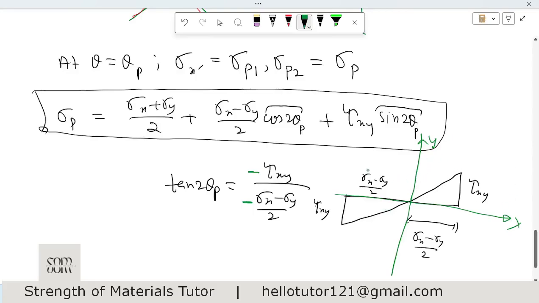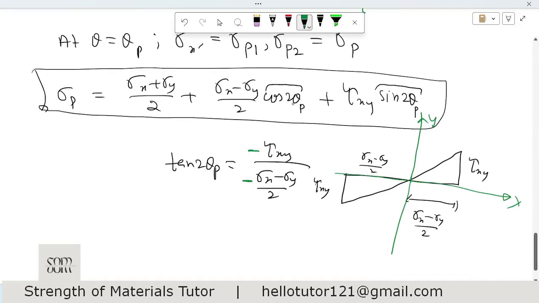Now anyways we have to find the value of cosine of 2 theta p from this triangle. So this is 2 theta p and this is 2 theta p. From trigonometry, what is cosine of an angle? It is base divided by hypotenuse.